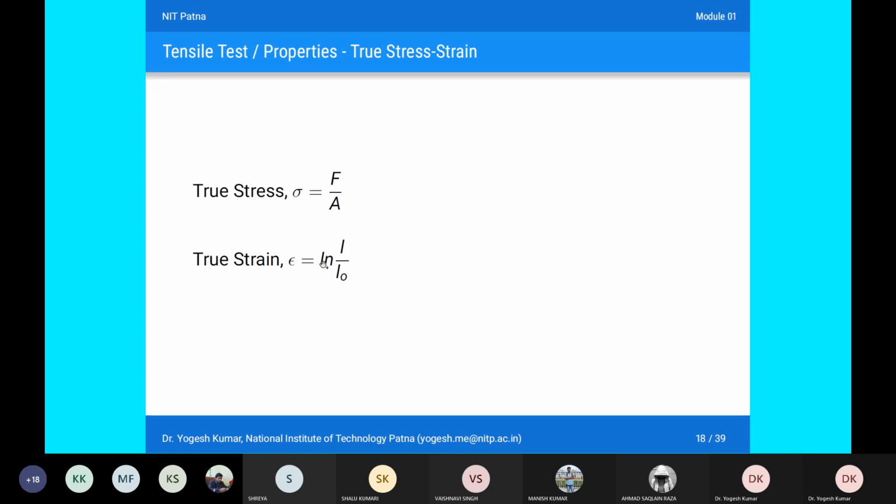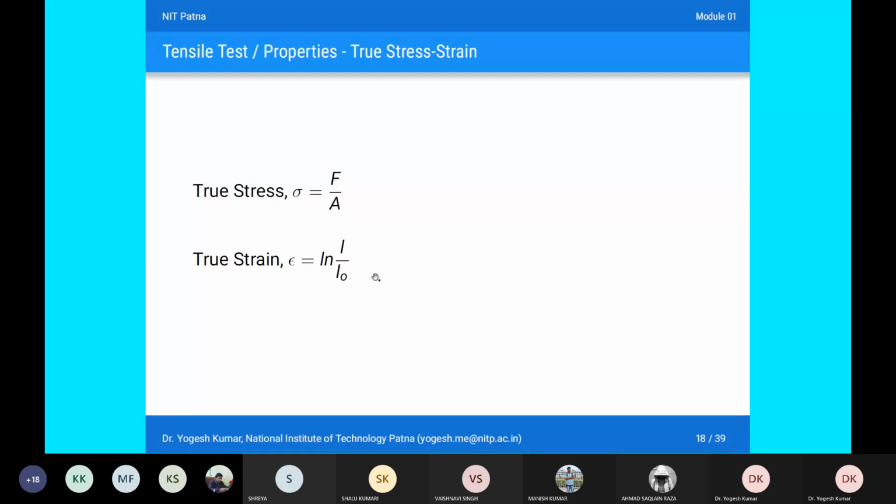This way we are calculating your true strain, because if you increase your length, this value, that is natural log of L upon L0, will increase.